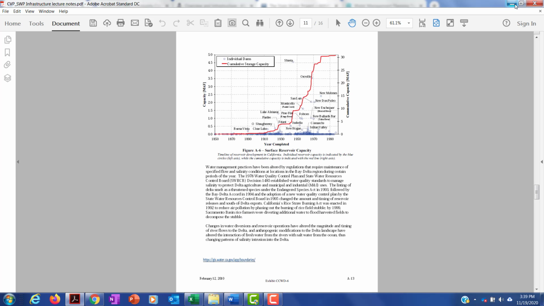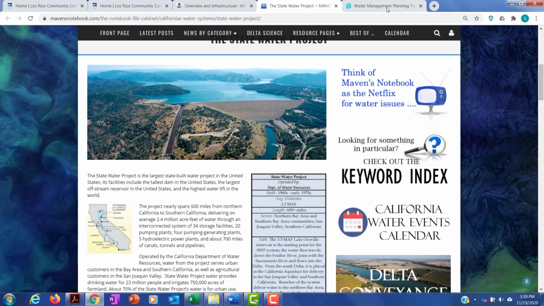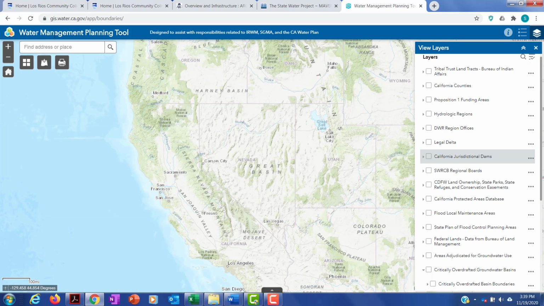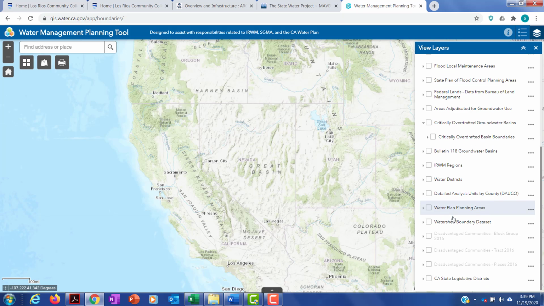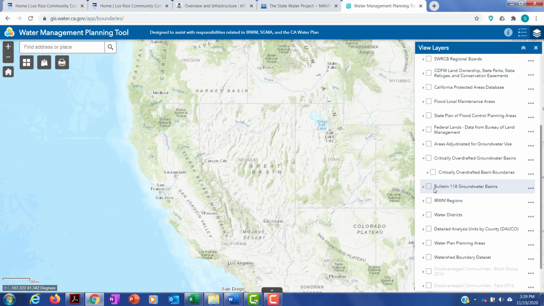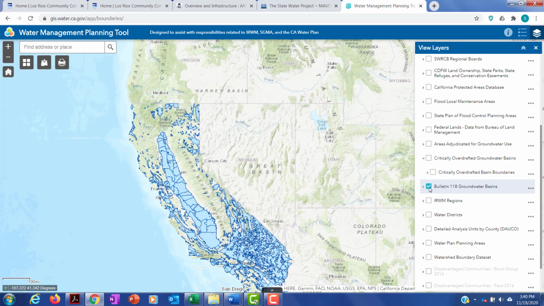And I do have an exercise for you to do with dams that I think is kind of interesting. I send you over to this Department of Water Resources Water Management Planning tool. It's just a GIS interactive map. You can play around with the different layers in this map. I like to look at the groundwater basins.